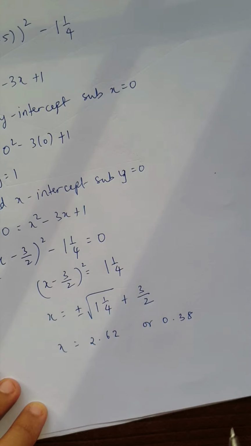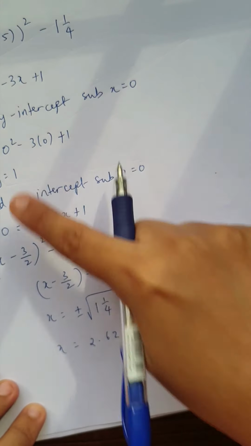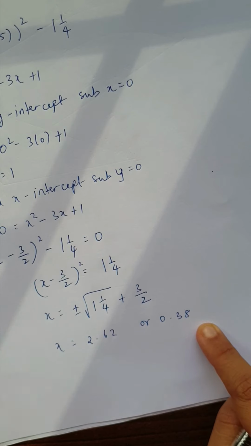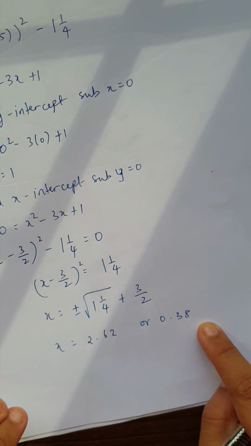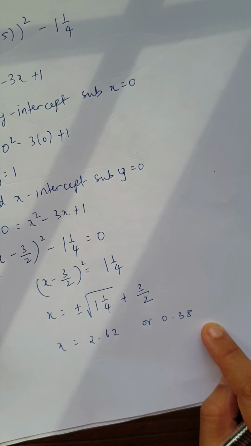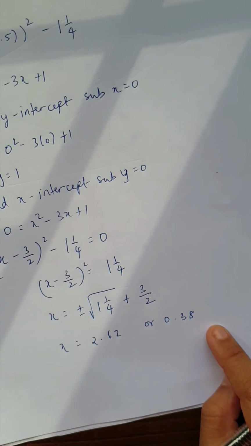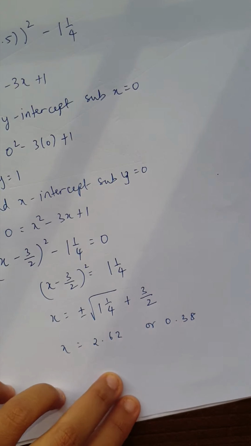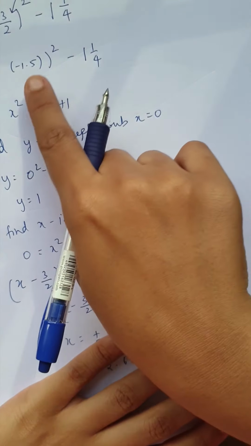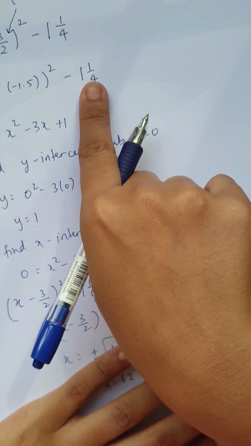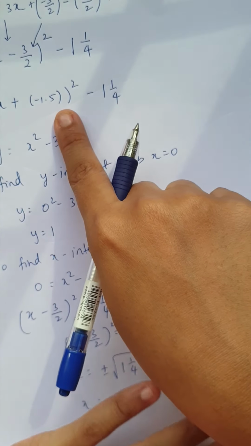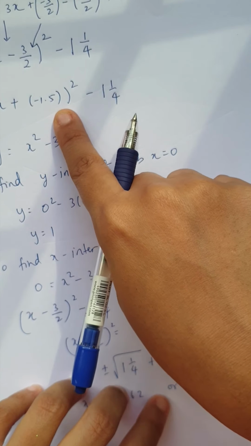So what we have here is the y-intercept, which is 1, and the x-intercepts here. You also need to find the turning point. The turning point you can actually look from here. If you have your textbook, you can refer to page 37, I think, of your Sec 3 textbook.